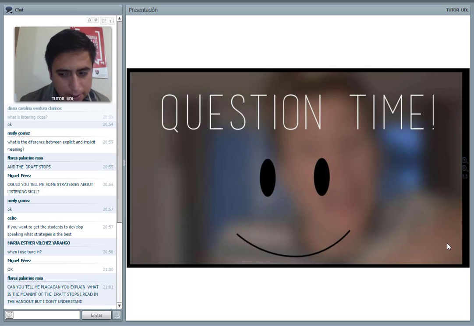Okay, Rosa Flores here. Can you explain what is the meaning of draft stops? I read in the handout, but I don't understand. Okay, so remember that a draft, Rosa, is something that the student is doing. We say it's not the final work. A draft means a practice. This is especially in the written part. The students start writing, so maybe the first writing that they have is the draft.